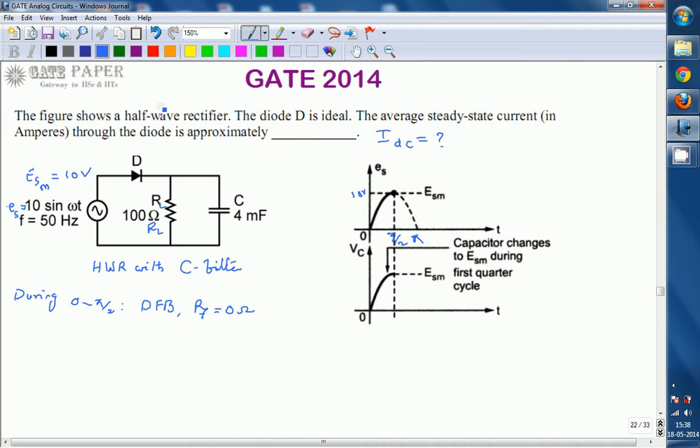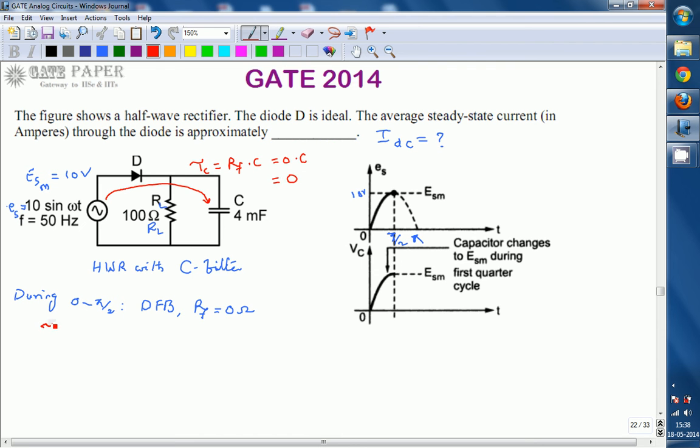Current flows in this direction, and when you apply a voltage, initially the capacitor acts as a short circuit. The charging time constant is RF into C. RF is 0, C is 4 millifarad, but 0 times anything is 0.